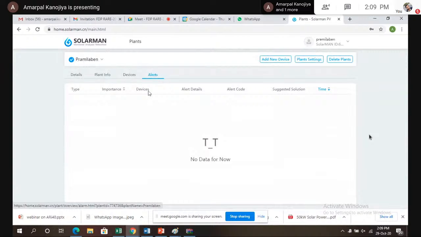If there is some problem in the power plant, then there is an alert which shows over here, and you can clear that fault online. There is no need to go to the plant and solve the problem. You can solve the problem by software, by this app.